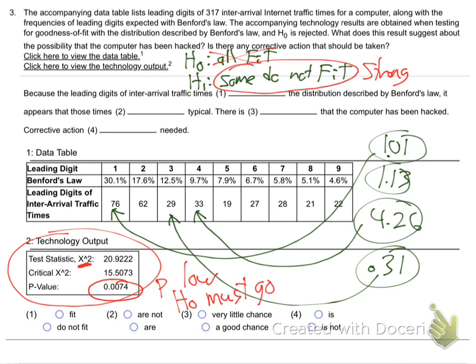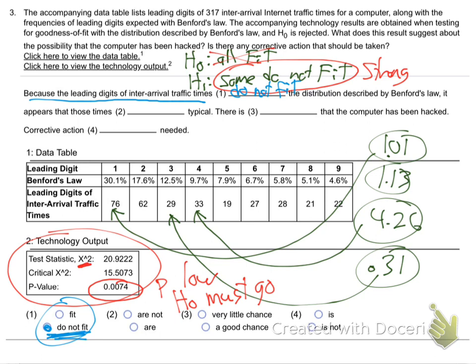So what does that mean? What is our conclusion? Because the leading digits of the inter-arrival traffic times, what? Fit or do not fit? Do not fit, right? Do not fit.